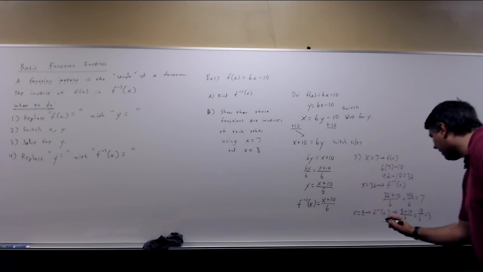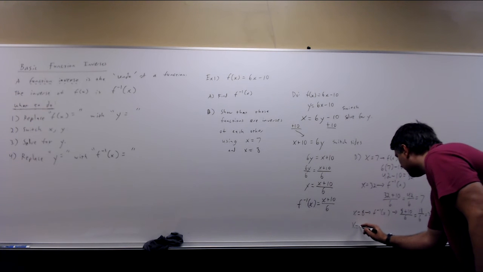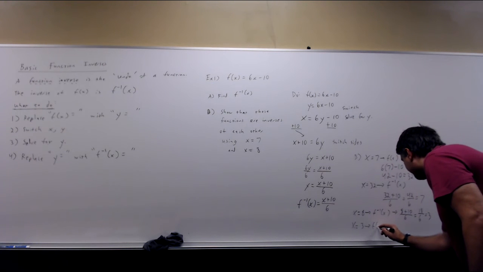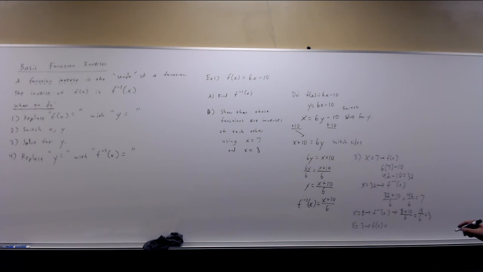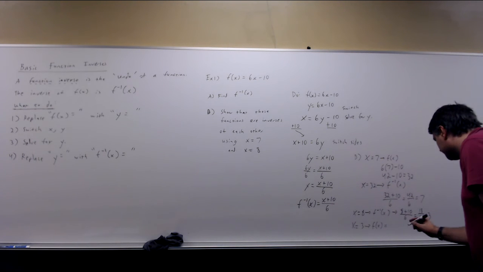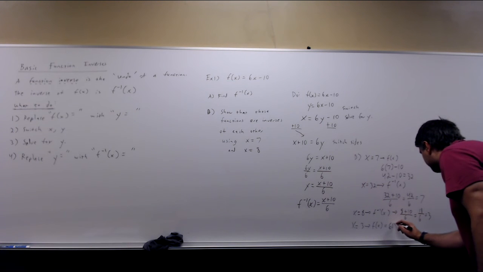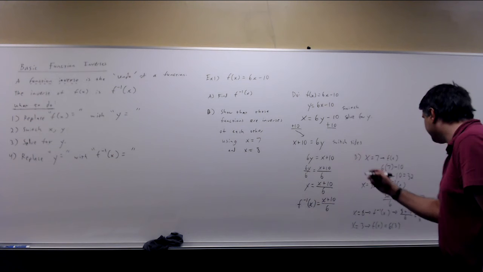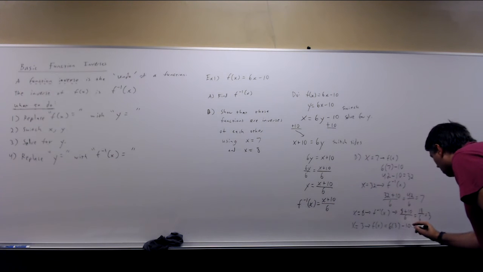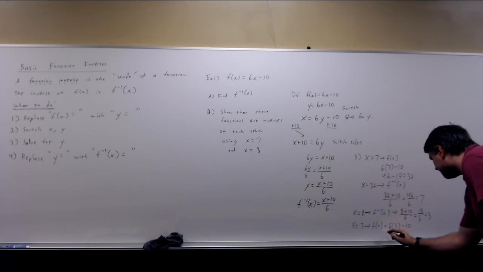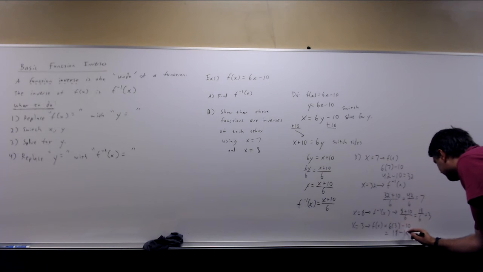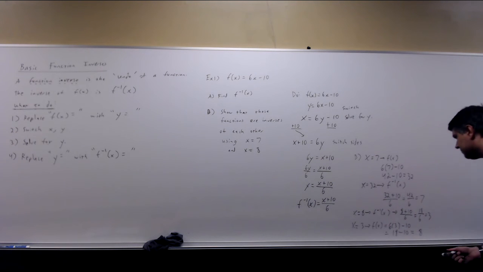So now I will plug x equals 3 into f of x. I want to know if 6 times 3 minus 10 would give me back the x equals 8. And 18 minus 10 gives me 8.